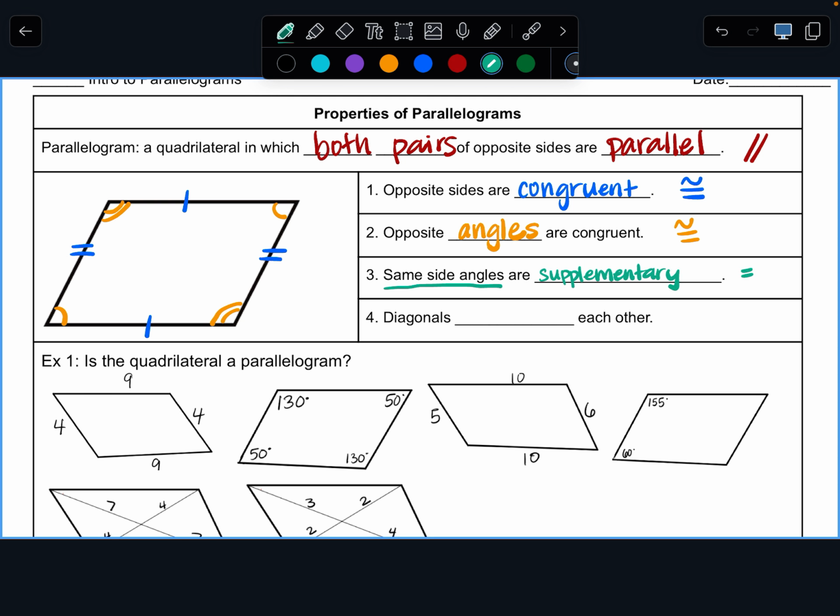Remember, supplementary means that it equals 180 degrees. So this side and this side equal 180. Same thing with this one. Any same side angles equal 180.